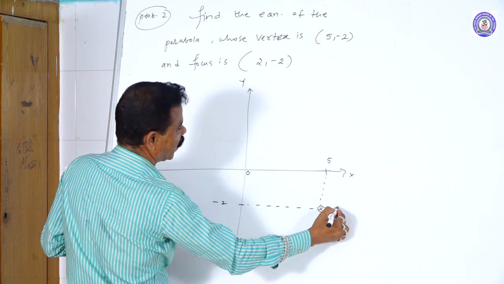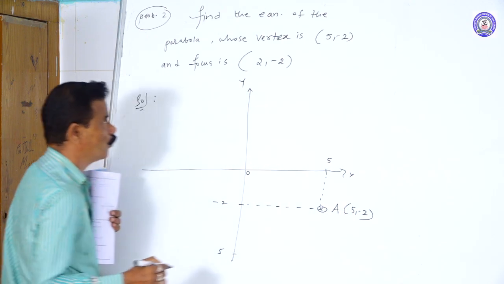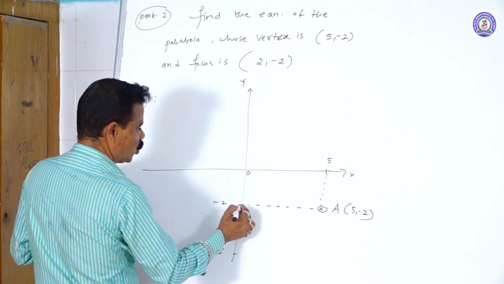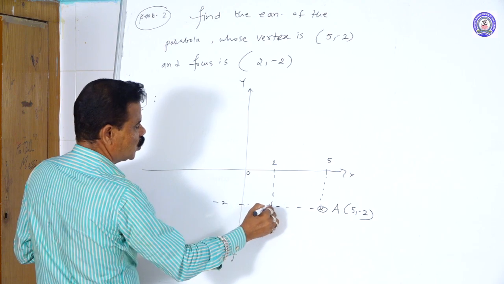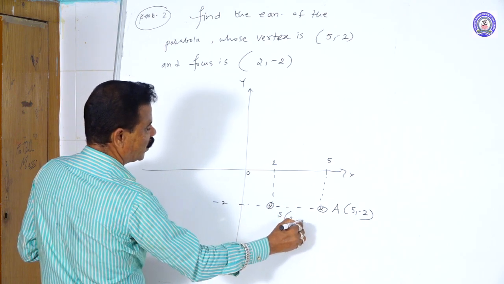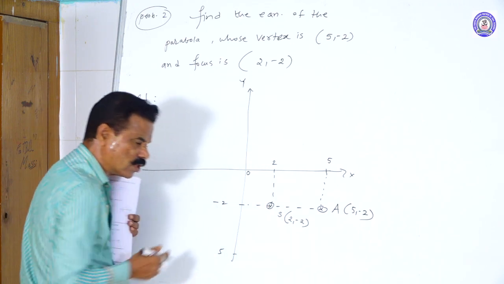This point is (5, -2); it is the vertex A. And the focus is (2, -2); here is 2 and here is -2. This point is the focus. This is the vertex, this is the focus.